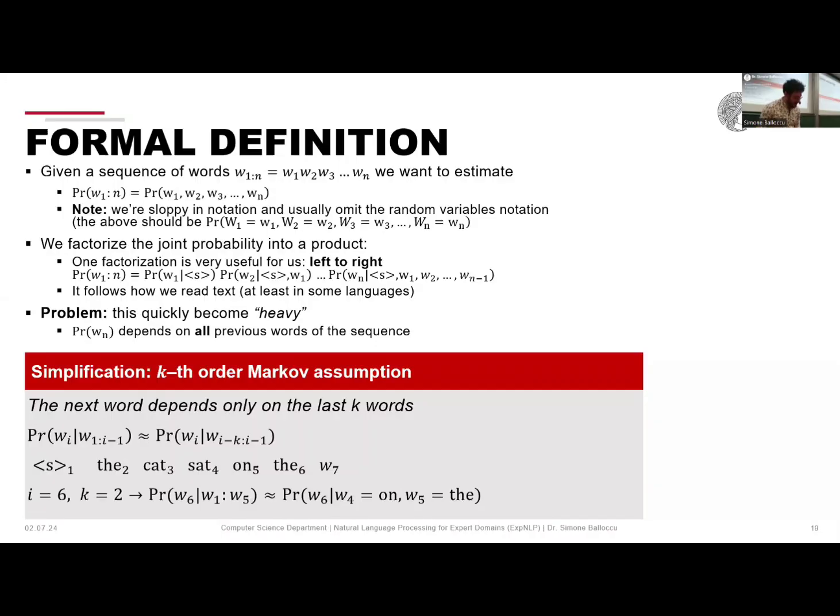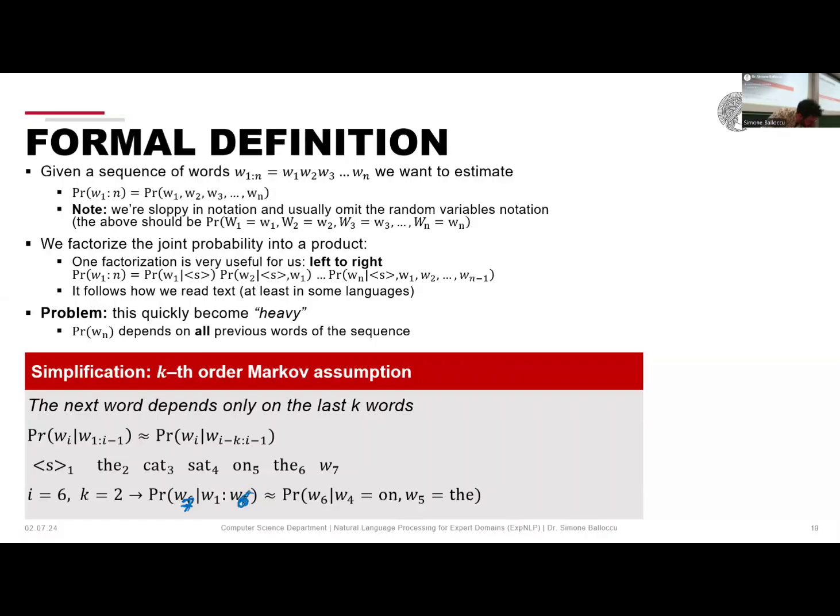So for example, let's say that you have start of the sentence, the cat sat on the, and then an unknown word 7. We're calculating this word, and the context is 2, so we say it only depends on the 2 previous words. Then the probability of word 7 is conditioned on words 5 and 6.